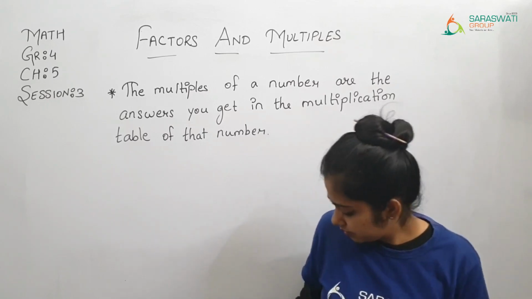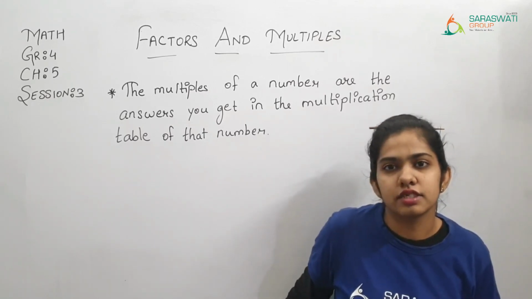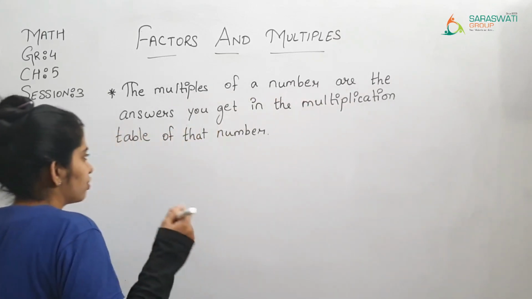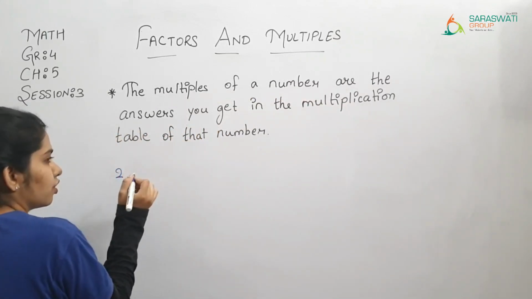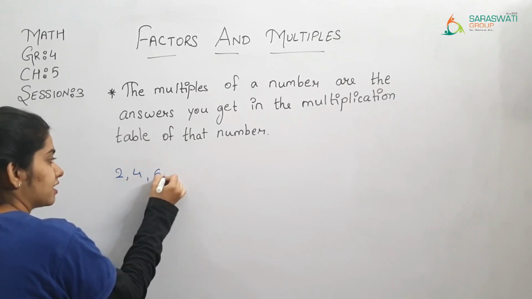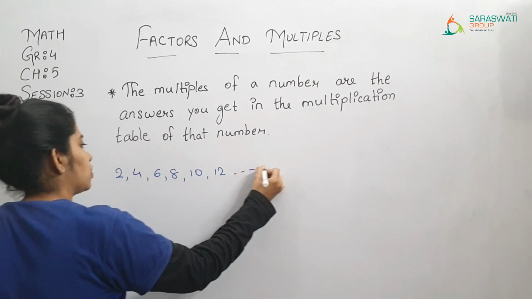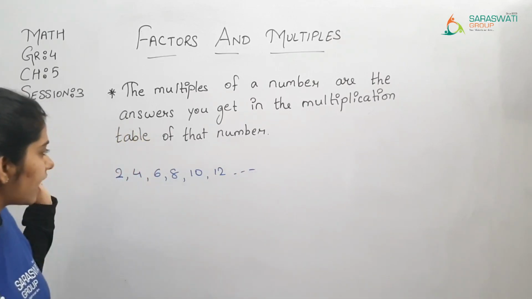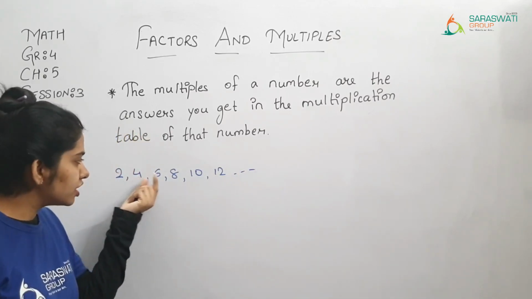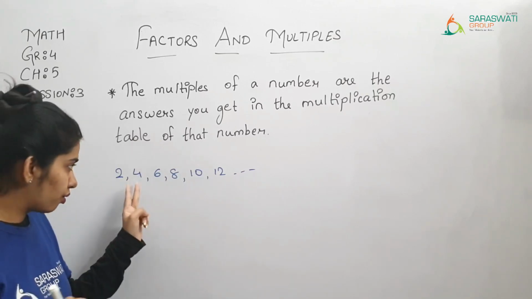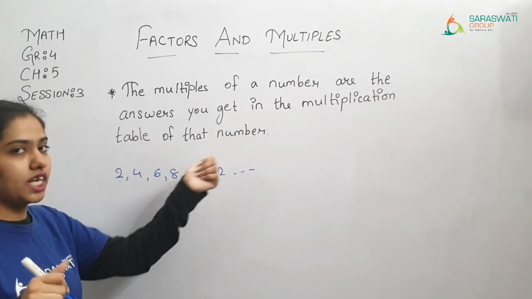For example, to find the table of 2, we write 2, then 4, 6, 8, 10, 12 and so on. You can see these are the multiples of 2, and we skipped only 2 digits each time.